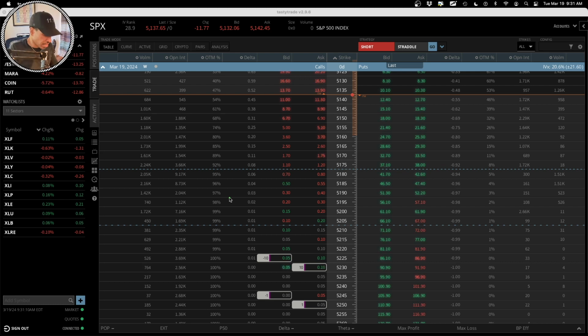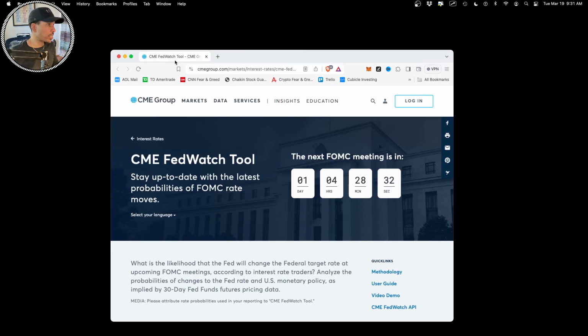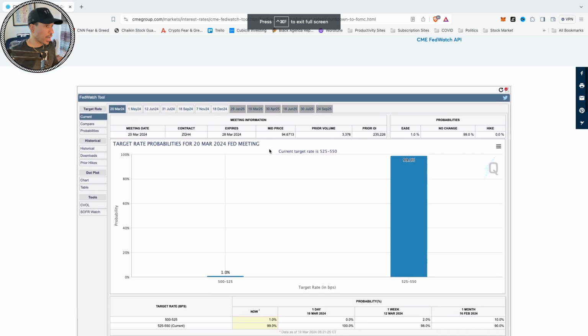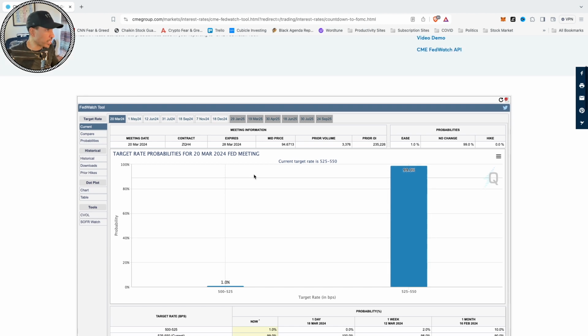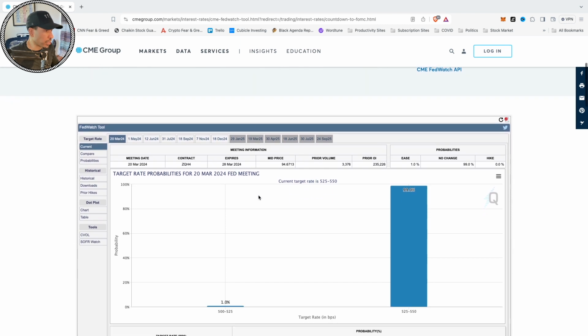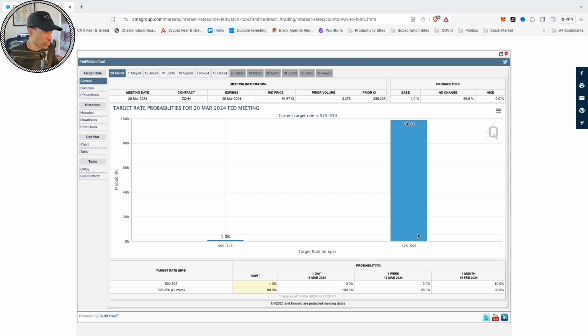But nonetheless, I think because of the uncertainty of what the Fed is going to say tomorrow, although if we look at, let me just show you guys, the CME Fed Watch tool, 99% of the market participants who participate in this CME Fed Watch tool are speculating that the target rate is going to stay the same.